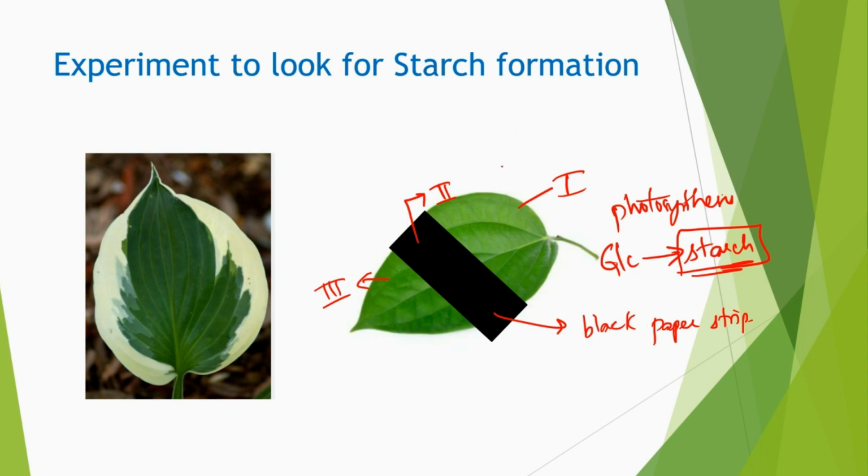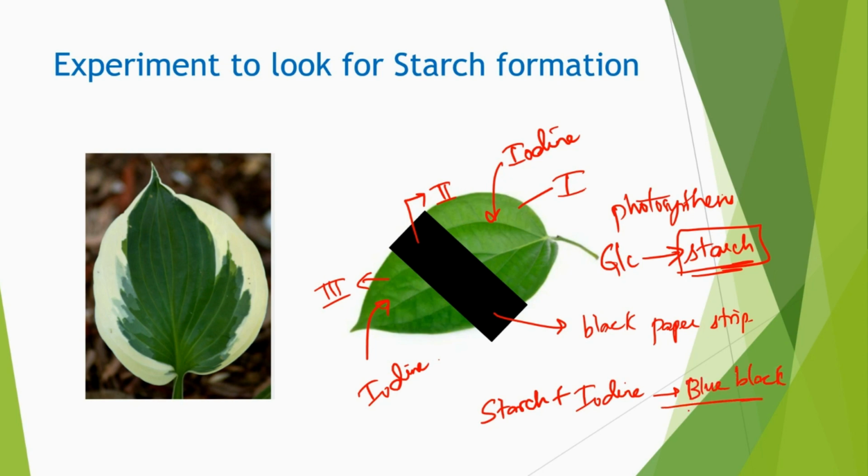Upon addition of iodine in this region, the starch formed due to the excess glucose from photosynthesis reacts with the iodine, resulting in blue-black color. But when I remove the black paper strip and add a drop of iodine, there will be no coloration seen.